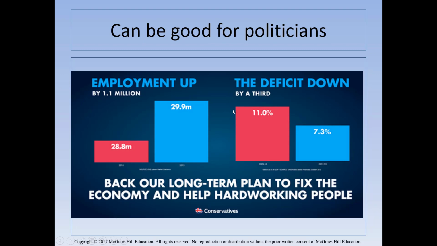Now, this is good. This is a kind of political advert. And notice that the first one is relative because it goes up from 28. This is a good thing. Employment's up, but we just show it from 28.8 million to 29.9 million. And the second one is absolute, saying, hey, we've got the deficit down from 11% to 7%.